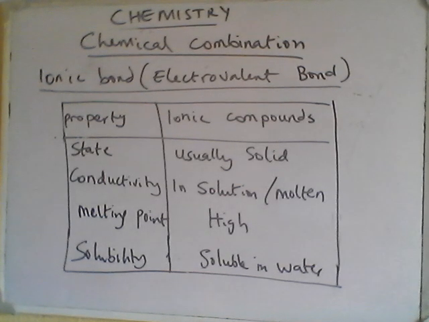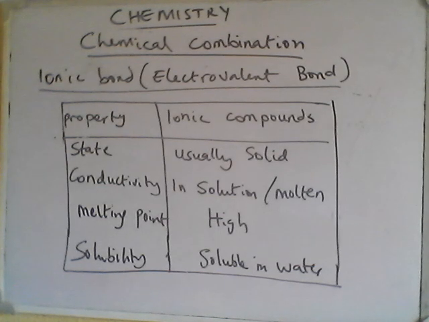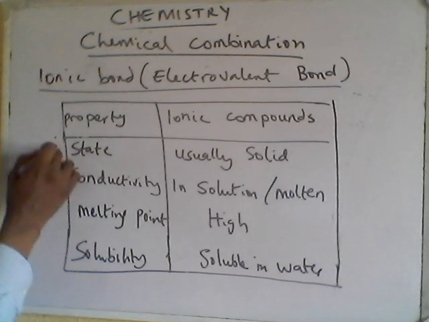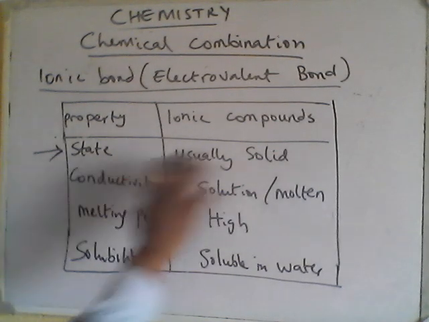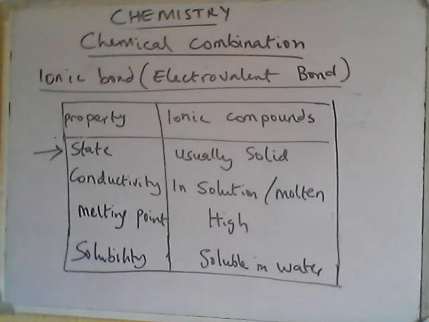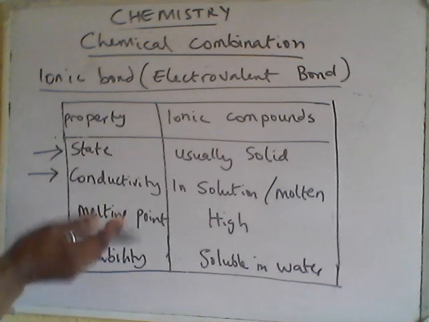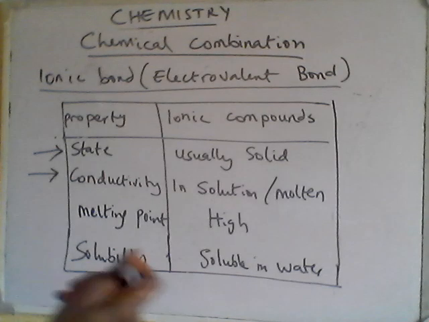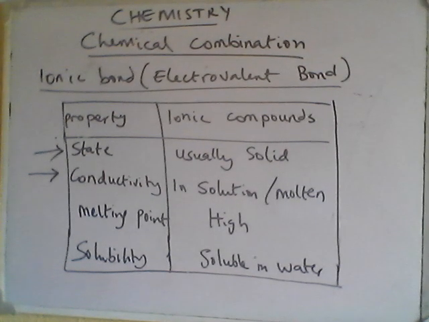So we dive into the properties of ionic bond, or you can call it electrovalent bond. The first thing we look at is state. Usually it's in solid state. Then for conductivity, it conducts in solution or in molten form.